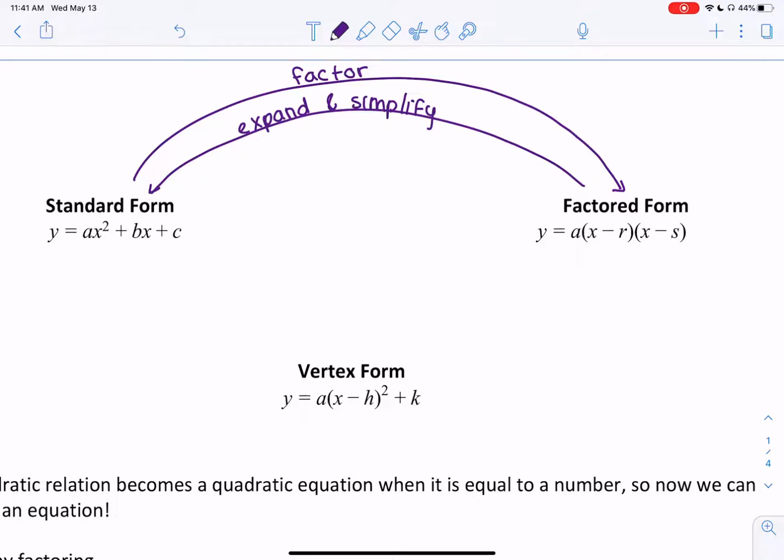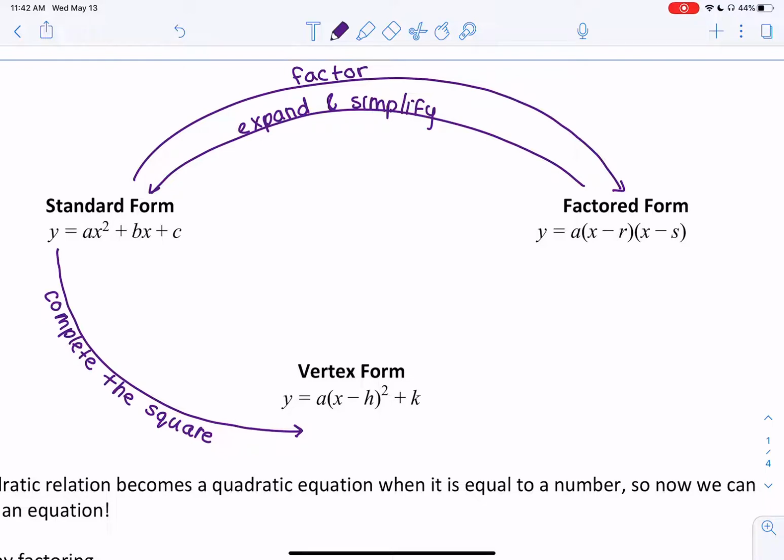Next, if I want to go from standard form to vertex form, it's been a while since we've talked about this, we are going to complete the square. So that was from last unit, and that's what we were doing when we found that magic number and we added and subtracted it in the brackets.